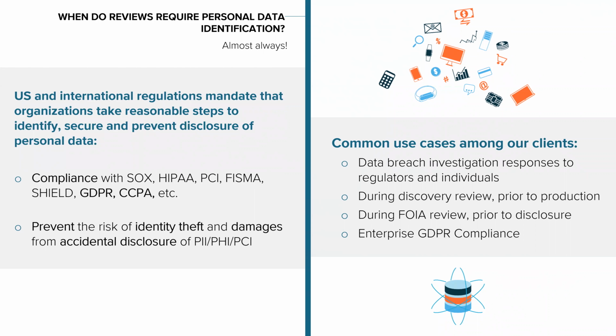But the first pass review in this type of a review is identifying all the PII and PHI that's been breached. That then determines whether or not you have to notify regulators or notify the individual data subjects whose data was breached. So it becomes very much an e-discovery process, and PII is central to that first level review.